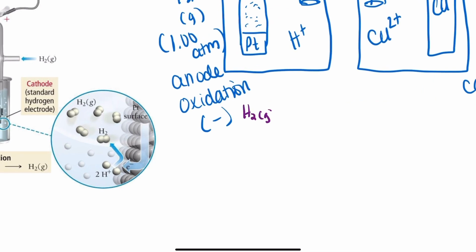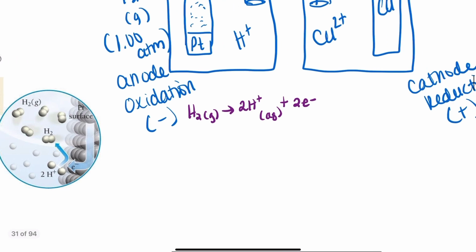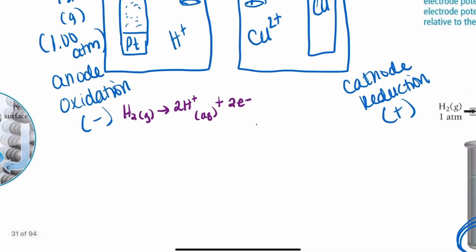So here at my anode, I've got H2 gas being oxidized to 2 H+ ions and electrons. At my cathode, I've got copper 2+ ions gaining 2 electrons and being reduced to copper solid.